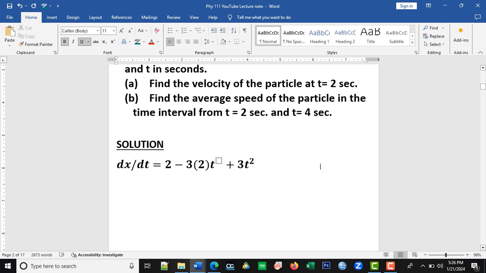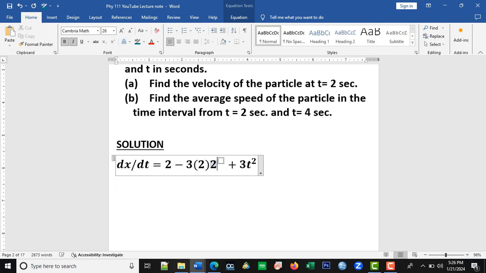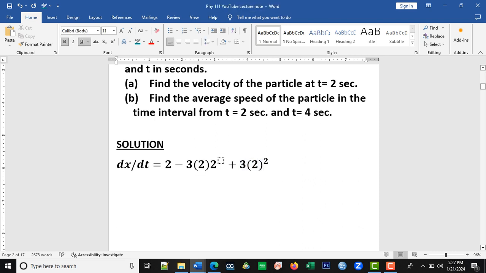Okay, so since we were looking for the velocity of the particle at t equals 2 seconds, in place of t we are going to put 2. So when we do that, the equation will reduce to what we have here. 3 times 2 here is 6, and 6 times 2 here is 12.